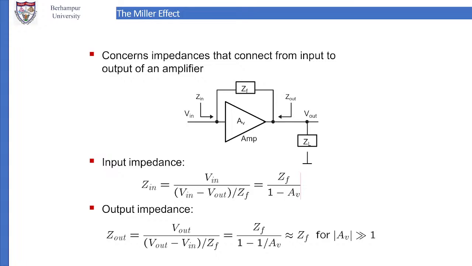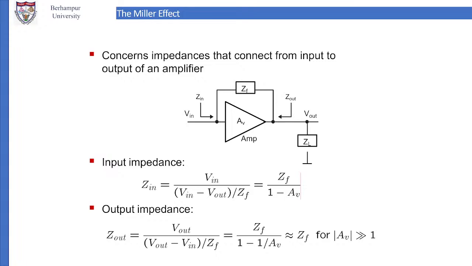Take ZF to the numerator and divide by Vout in the numerator and denominator. So that becomes 1 minus Vin by Vout in the denominator. Vin by Vout is equal to 1 by Vout by Vin, which is 1 by AV. So Zout is equal to ZF by 1 minus 1 by AV.